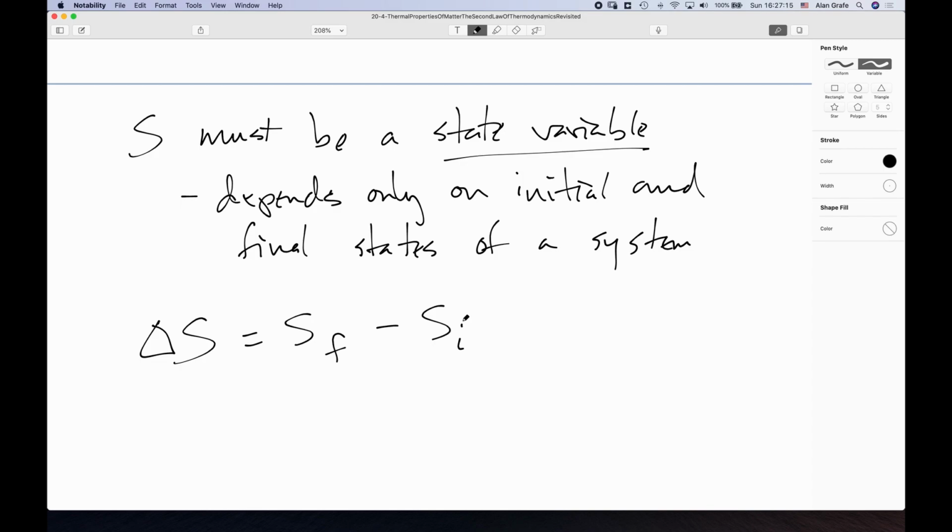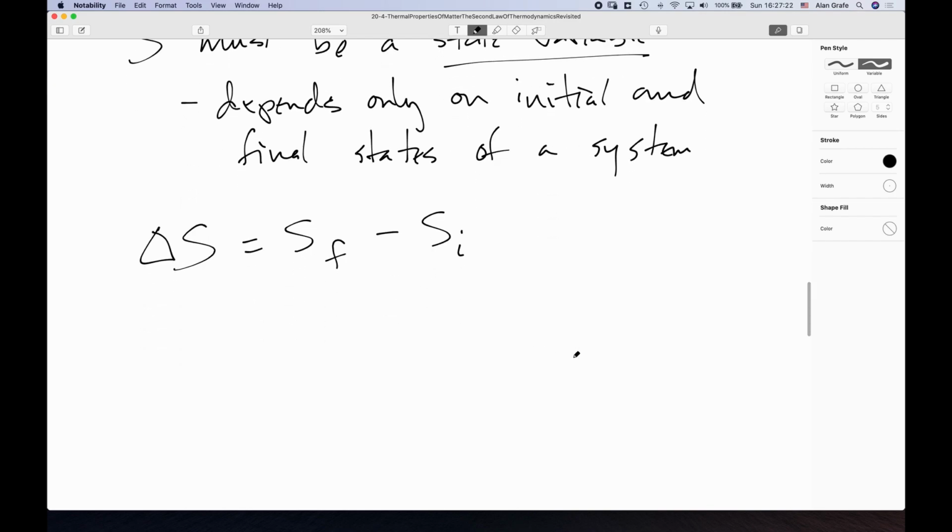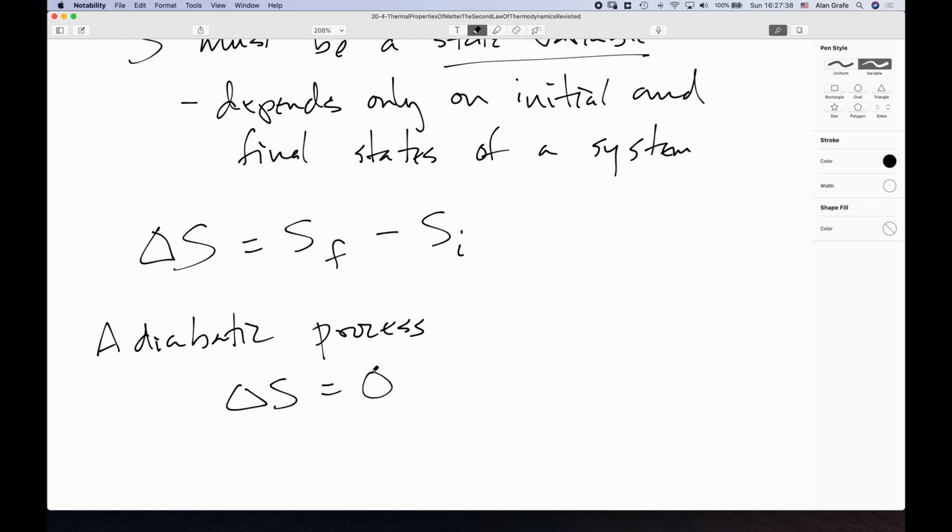Okay, so we've already stated that for an isothermal process, delta S is equal to Q over T. And now we can use the fudge thing a bit to help us work out what it would be for an adiabatic process. For an adiabatic process, we can argue that delta S would have to be 0. And this is because we could imagine taking zillions of small temperature steps, but for each one of them, the heat transfer is 0, right?